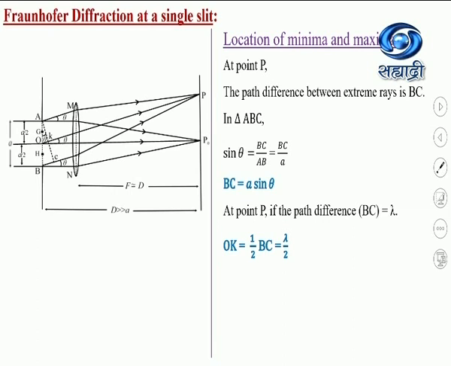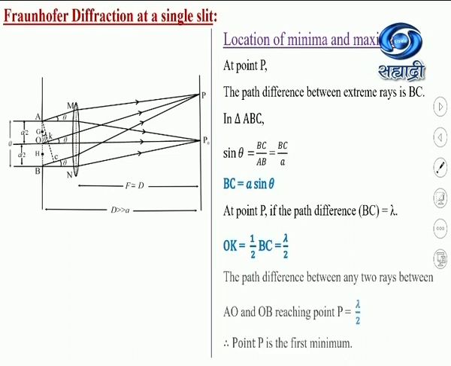And therefore, when they emit the waves, they will have the path difference equal to lambda by 2 when they reach point P on the screen. That means every point in the upper half of the slit has a corresponding point in the lower half of the slit. The rays from these points, when they arrive at point P, will have the path difference which is equal to lambda by 2.